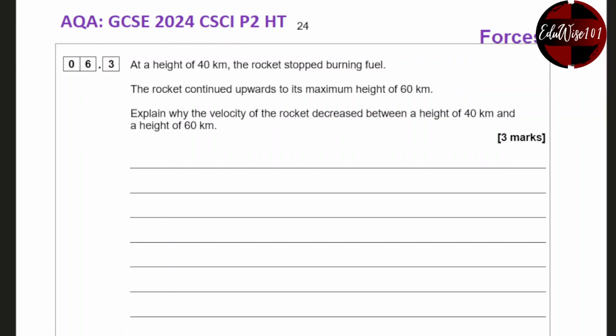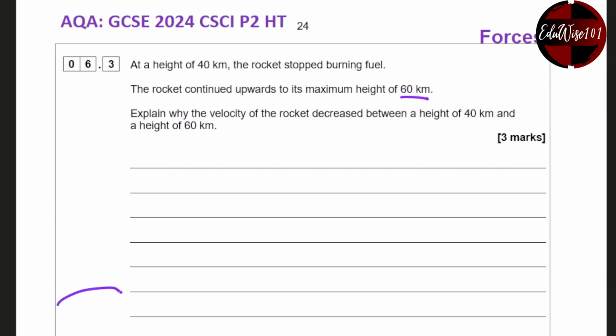At a height of 40 kilometers, the rocket stopped burning fuel. The rocket continued upwards to a maximum height of 60 kilometers. Explain why the velocity of the rocket decreased between the heights of 40 and 60 kilometers.